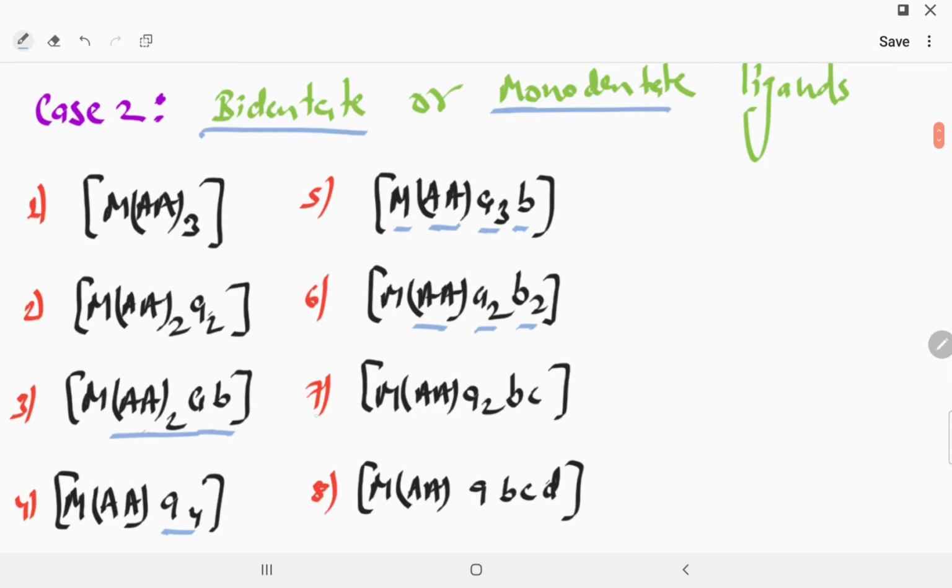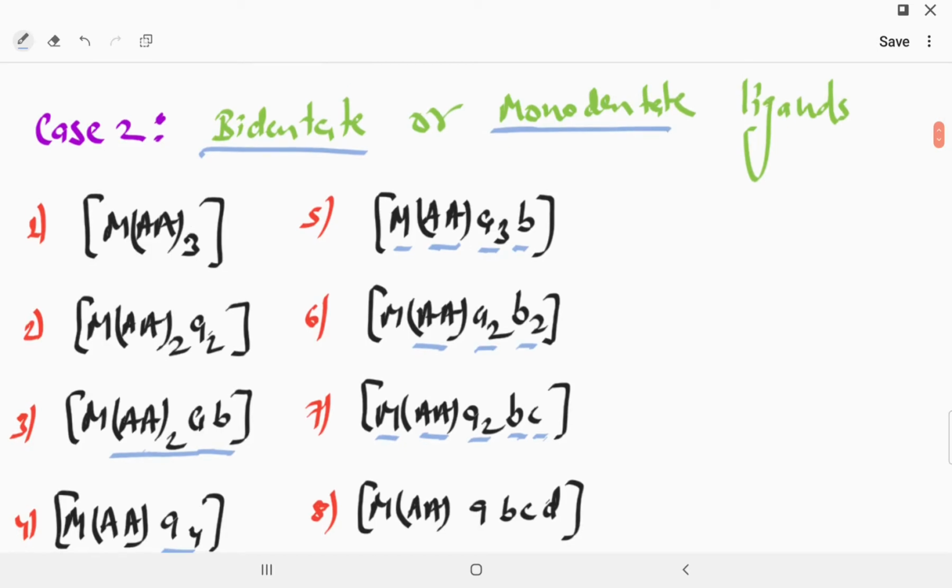Another next one is M(AA)A2BC, which means one bidentate ligand with the metal atom and two different ligands B and C. Now M(AA)ABCD means one bidentate ligand and all the others, A, B, C, D, are different ligands.